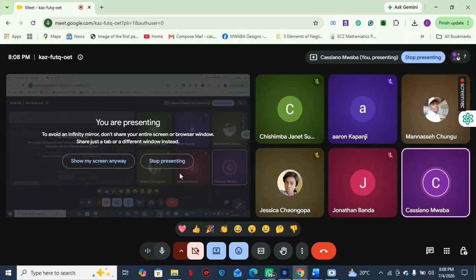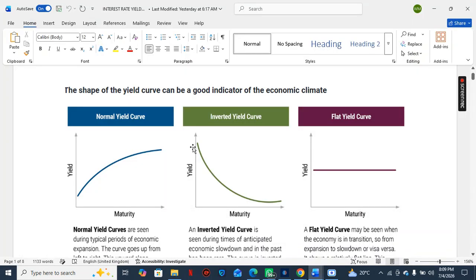Probably the economy is undergoing high inflation or deflation. There is a recession, so government needs the money right there and then. That would be the scenario where this curve is going to be upside down like this. The economy is doing badly, and government needs money right now.